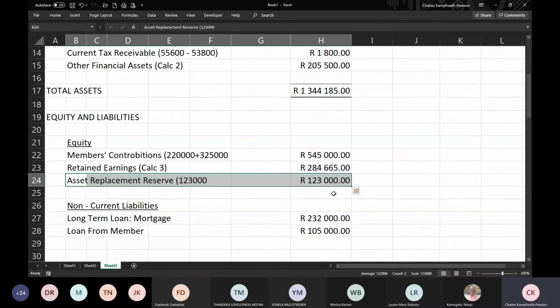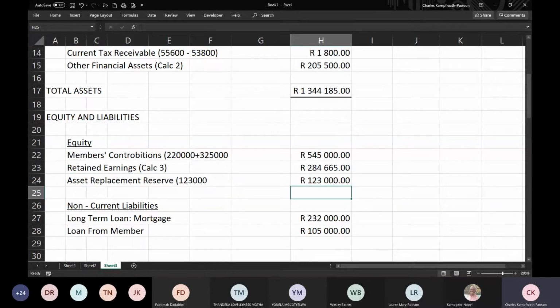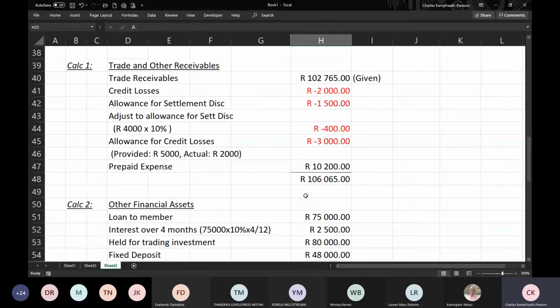100%. Guys, we are out with 2,000. Can anyone tell me why we are out with 2,000? The credit loss. It's only 2,000 in the question.